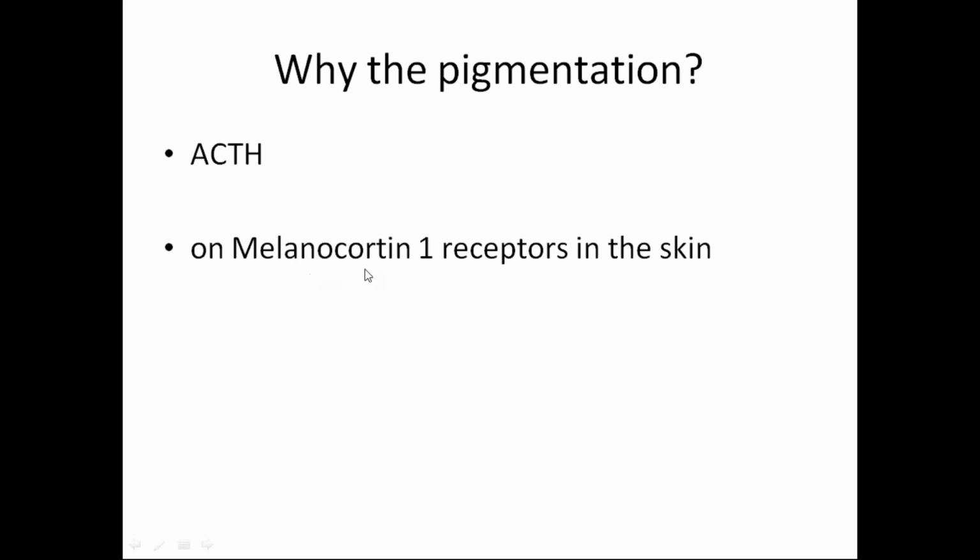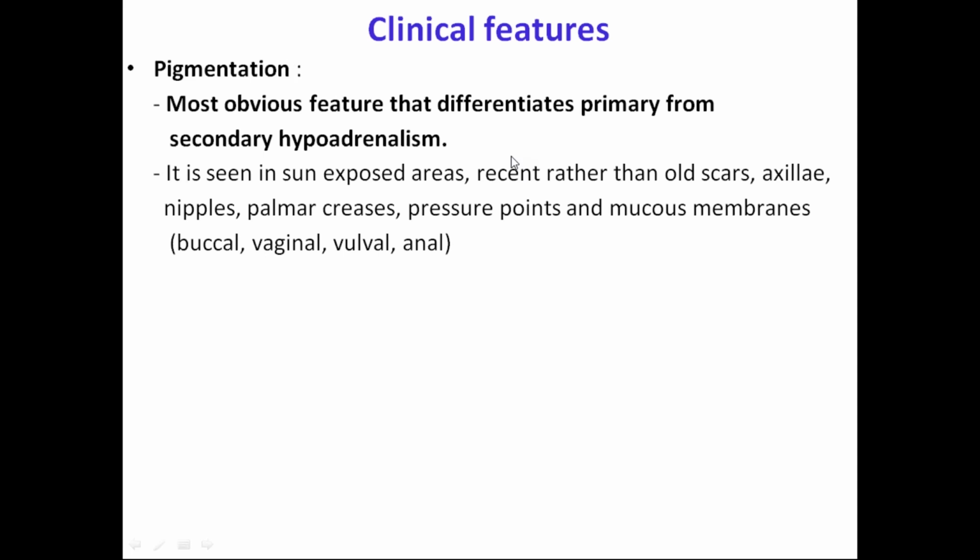Increased ACTH acts on melanocortin 1 receptors on the skin and produces pigmentation. It is seen in primary Addison's disease, not the secondary. Primary means the pathology is in the adrenal gland; secondary means the pathology is in the pituitary. So the pigmentation is due to raised ACTH levels.